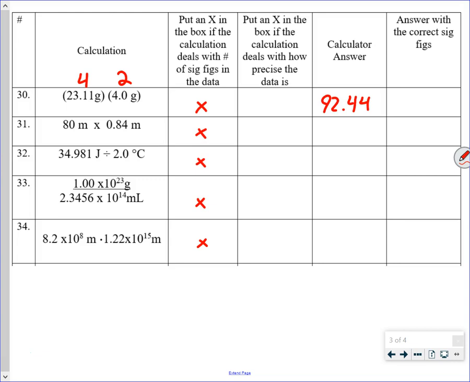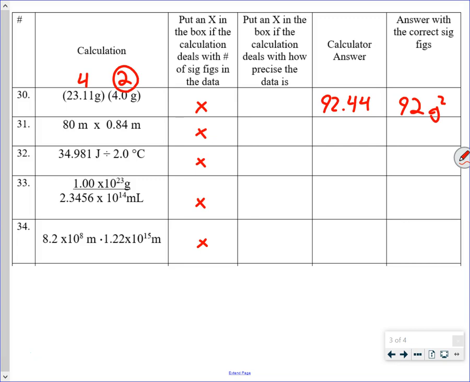But when I report my answer, I can only have sig figs equal to the least number that was in my problem, which is 2. So I have to round my calculator answer to 2 sig figs. If I look at rounding this to 2 sig figs, I'm going to end up with just 92. And then I should label my work grams squared.